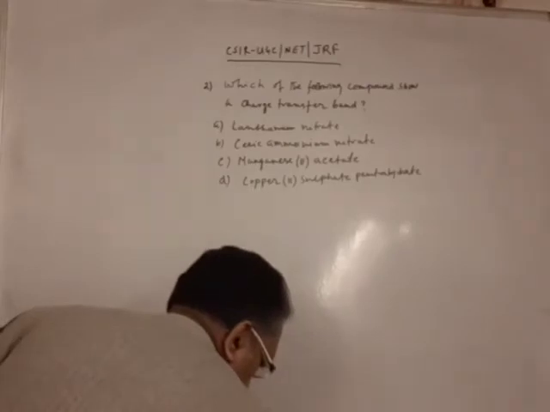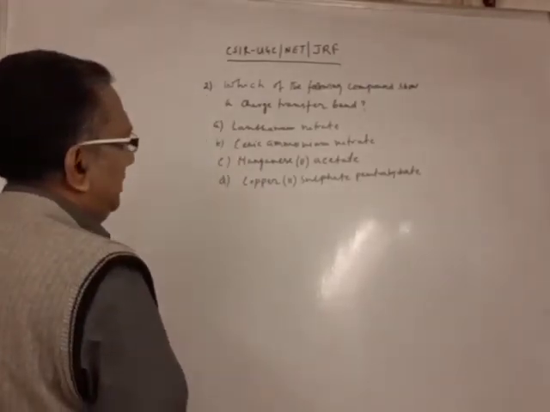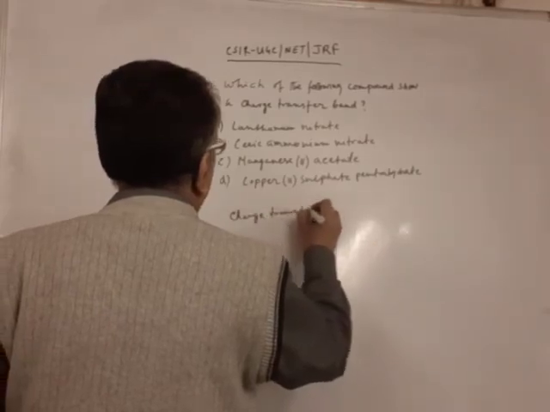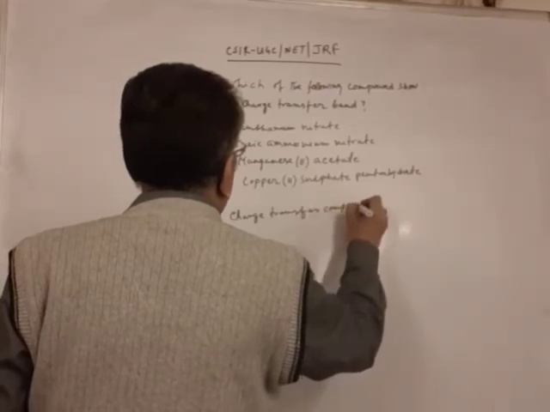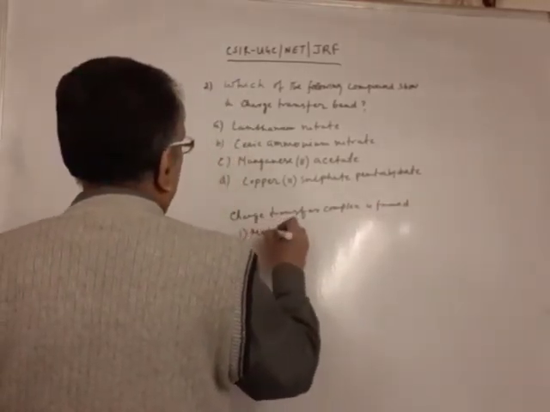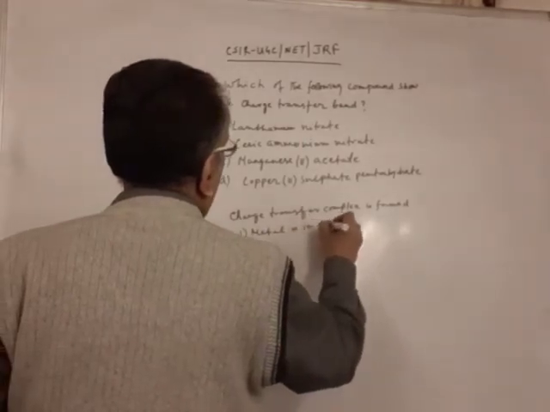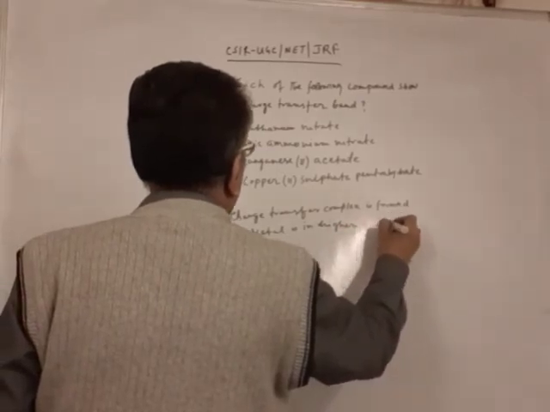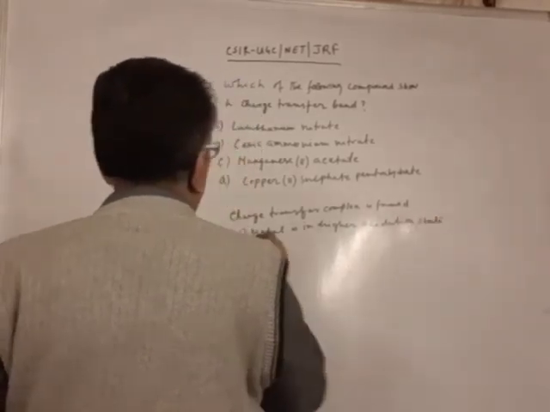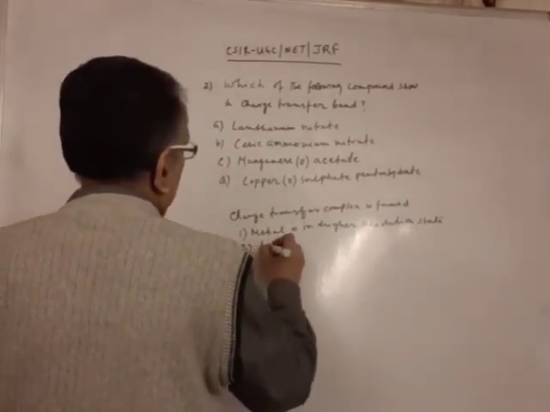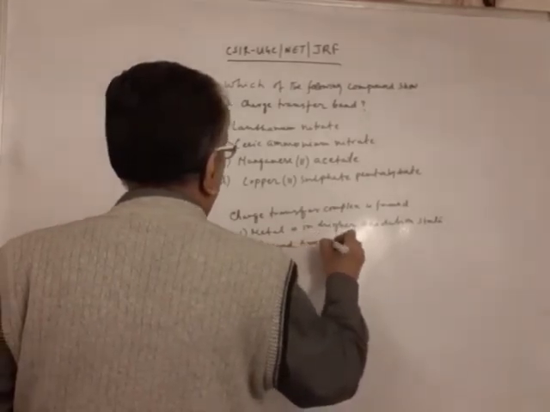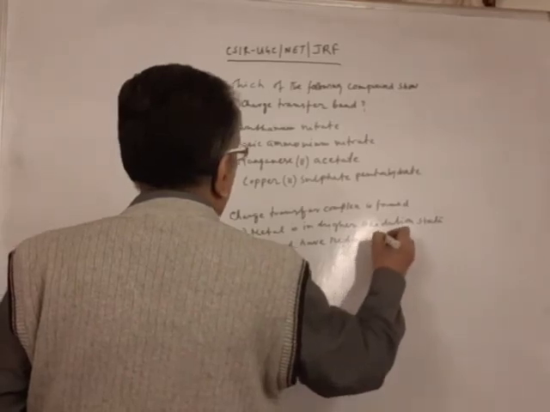Now among these four, first of all we see that a charge transfer complex is formed when the metal is in a higher oxidation state, and number two, the ligand has a reducing property.